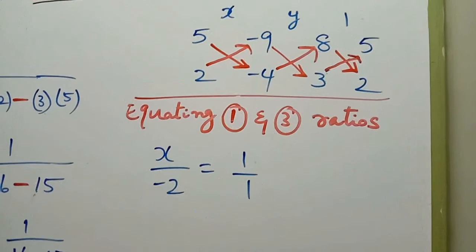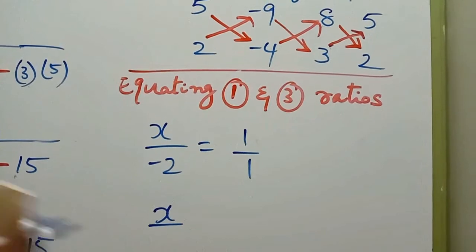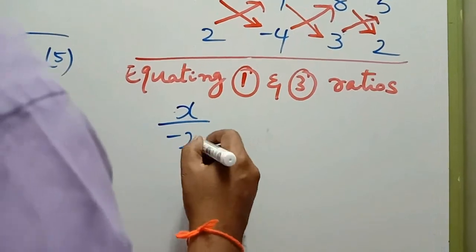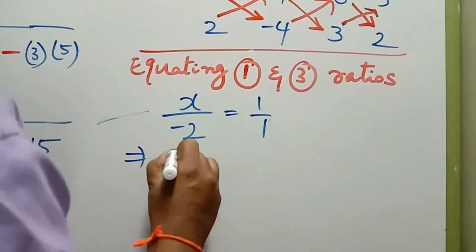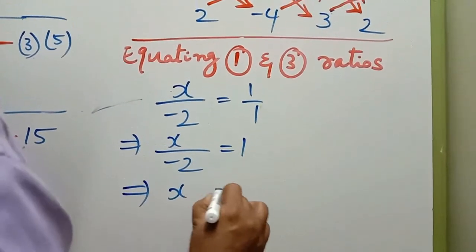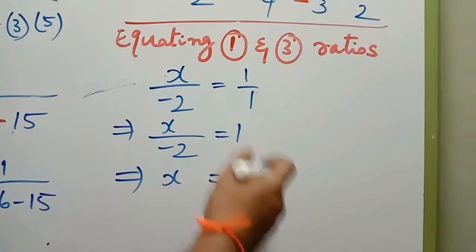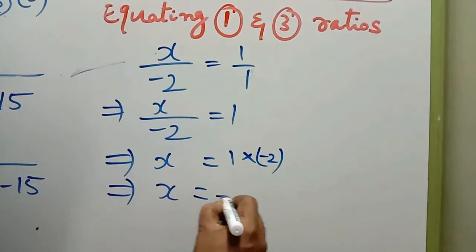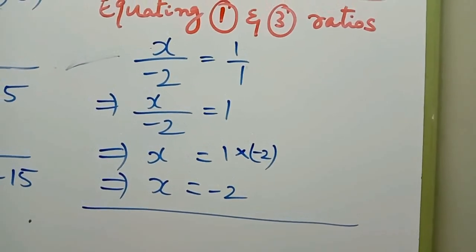So x by minus 2 is equal to 1. That implies x is equal to 1 by 2 will be by minus 2, transposed into minus 2. That implies x is equal to minus 2 is the first answer.